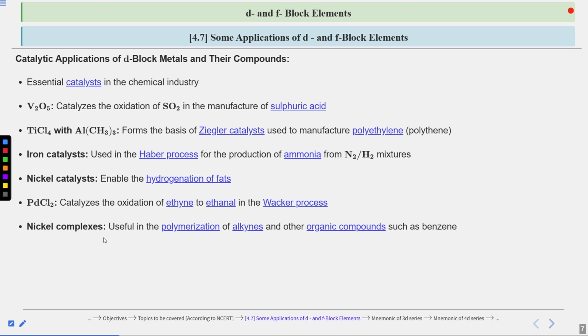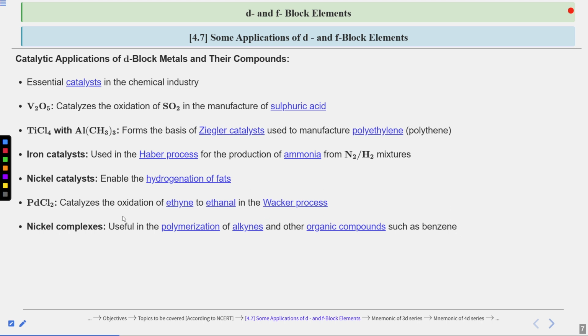Next, nickel complexes. They are useful in the polymerization of alkynes and other organic compounds such as benzene. Polymerization means adding many smaller molecules together to get a bigger, longer chain compound of alkynes and other organic compounds such as benzene.